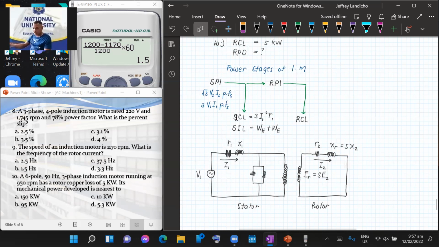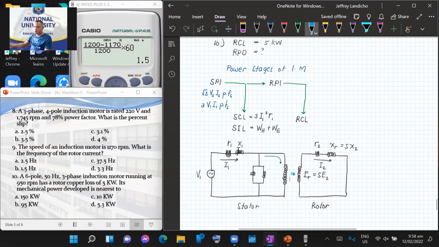Kaya tatanggalin natin yung stator copper loss. So pag pinraise pa natin, dadaan tayo kay core. Kaya tatanggalin natin yung losses dito, that is the stator iron loss. So therefore, the current here is now the current induced in the primary winding, and whatever the power here, ito na yung ipapasok natin kay rotor.